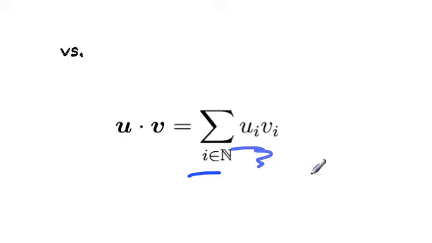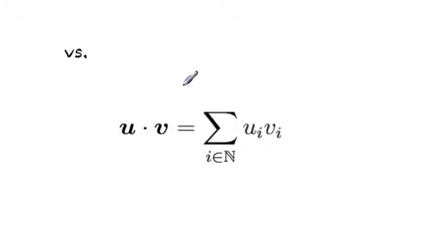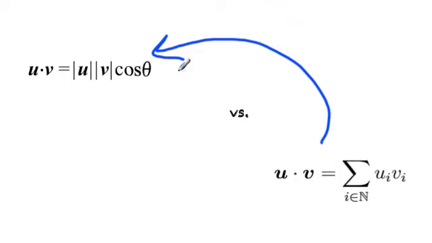On the other hand, however, you could start from this definition. You could say, what does the dot product mean? Well, it just means to take the corresponding coordinates, multiply them together, and then find the sum. If we start from there, you can, in just the same way, derive this formula for the scalar product of two vectors.